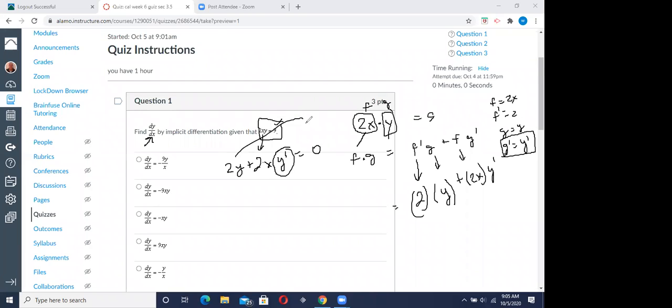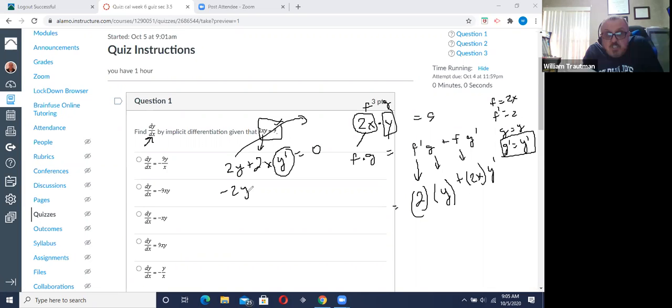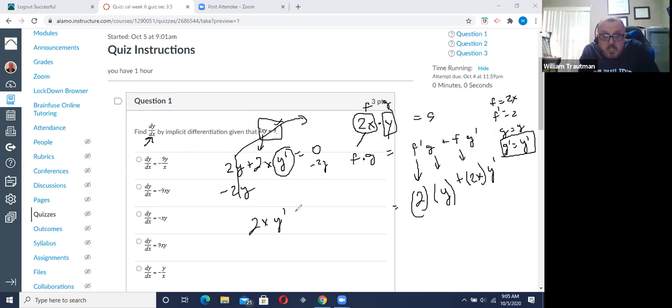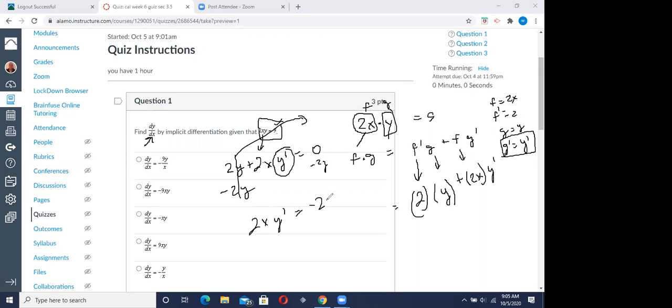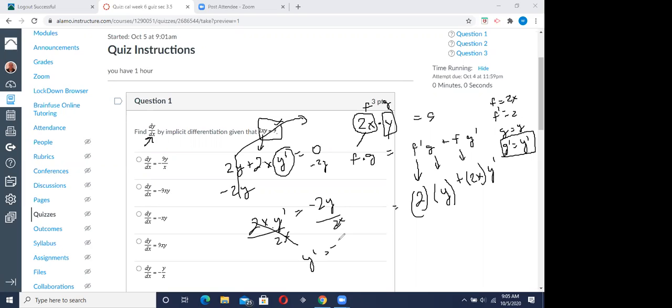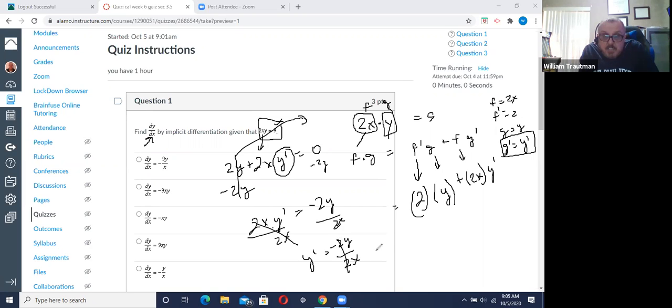I get the 2y to the other side by subtracting 2y from both sides, and I get 2x y prime equals negative 2y. Then I divide both sides by 2x, and y prime equals negative 2y over 2x. These cancel, and the answer is just negative y over x.